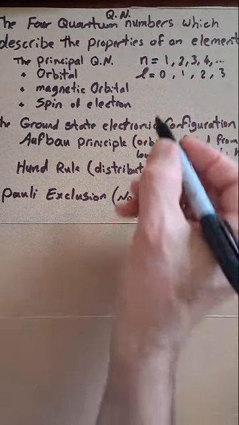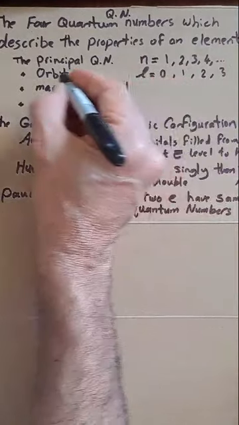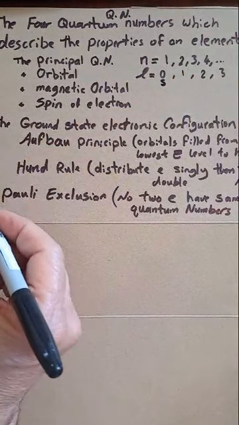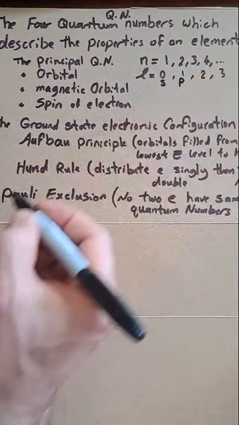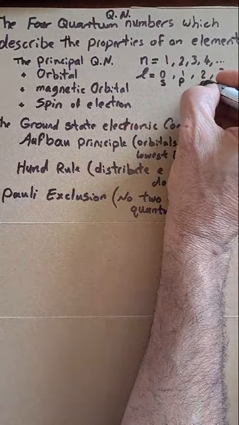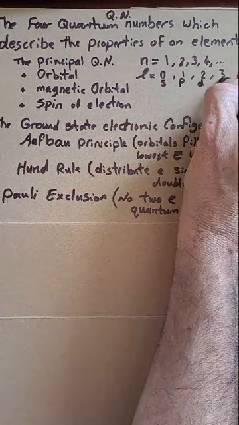If it is 0, the name of the orbital will be s. If it is 1, it's p, the orbital p. If it is 2, it's d. And 3 will be f.